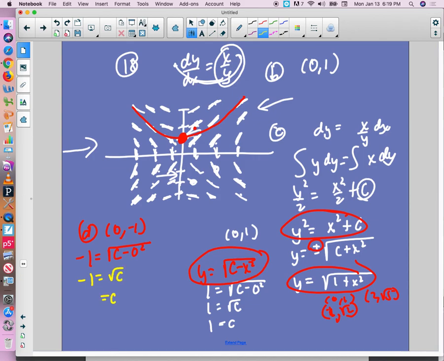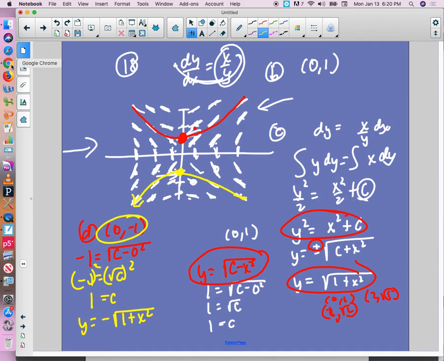Square both sides, you get c is 1. So I have the same equation. However, if I'm going through (0, -1), I have this one. So my equation for D would be y is equal to the negative square root of 1 plus x squared.